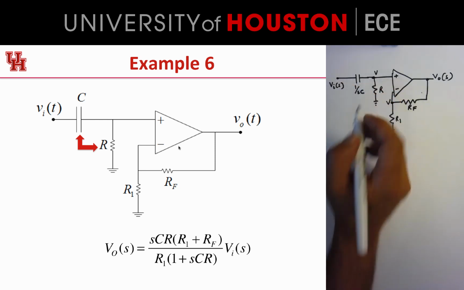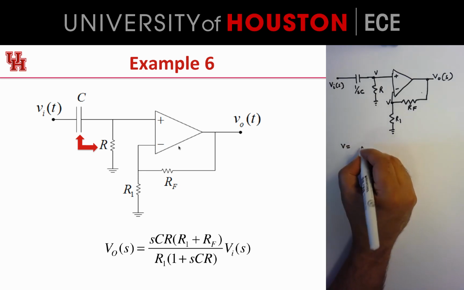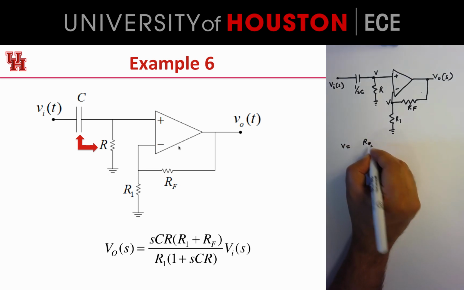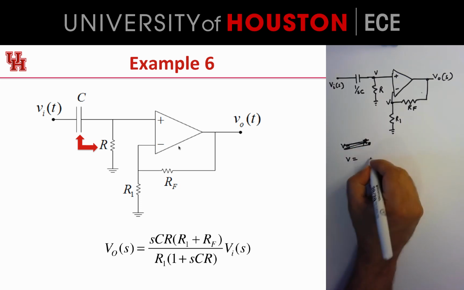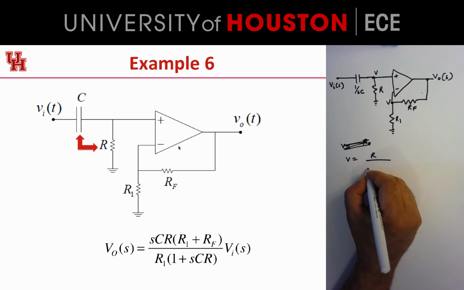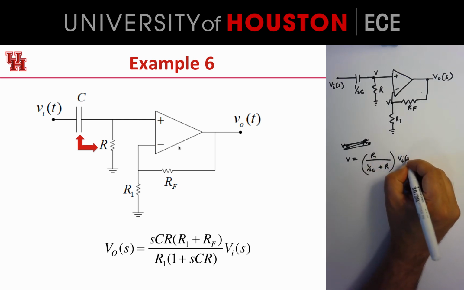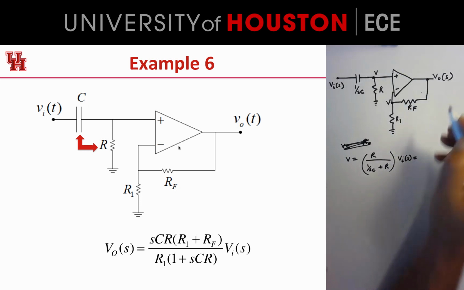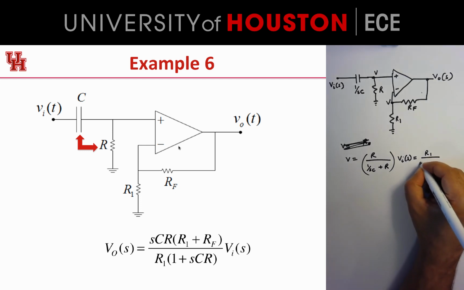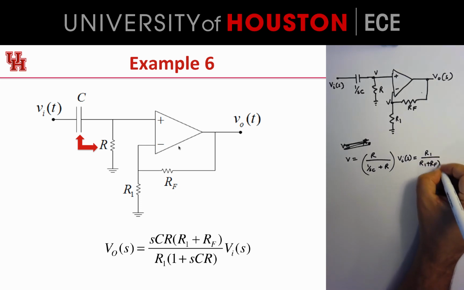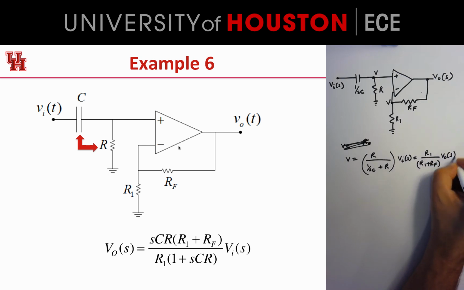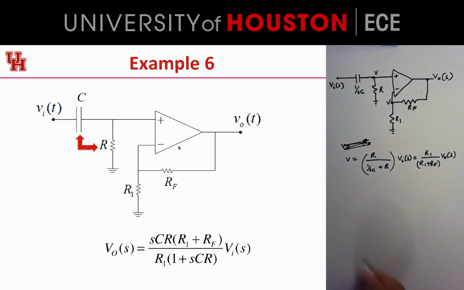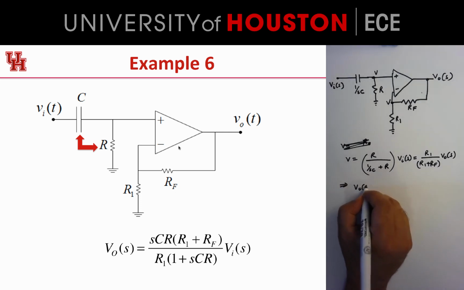So voltage V equals R divided by 1 over SC plus R times V input, and this is the same as the output coming from this voltage divider, which is R1 divided by R1 plus RF times V output of S. I can write out V output now.